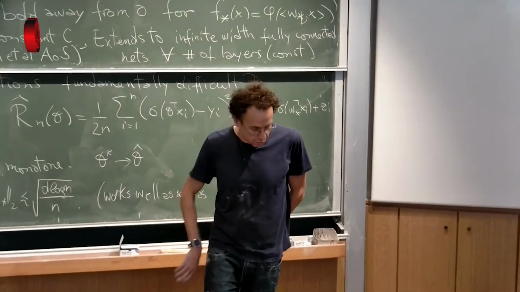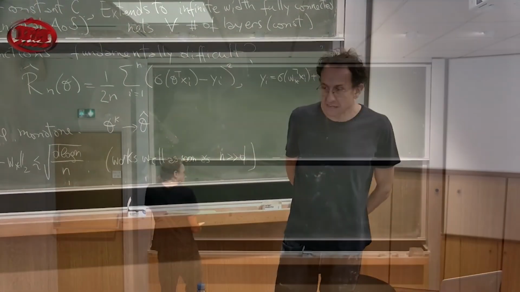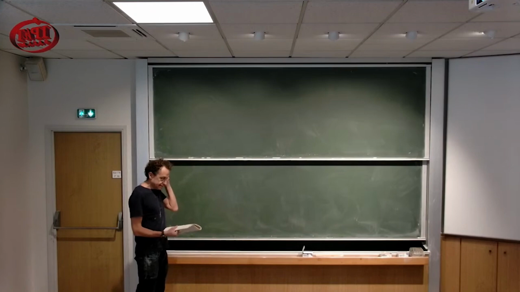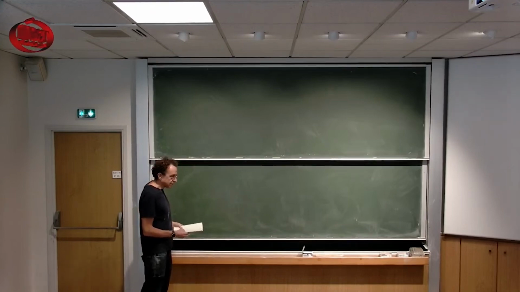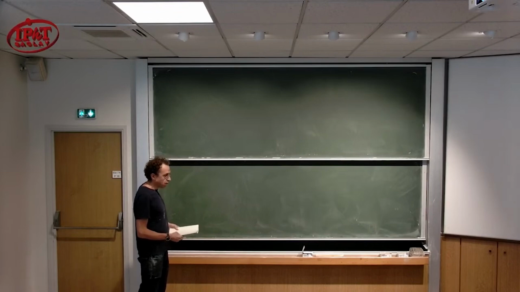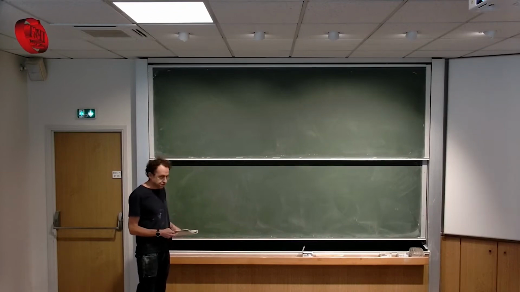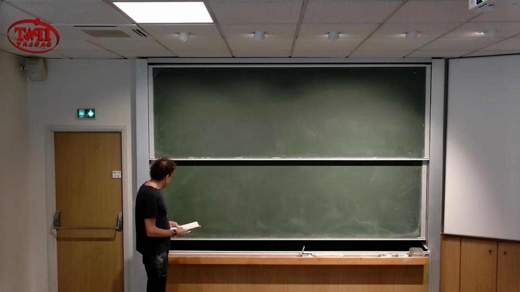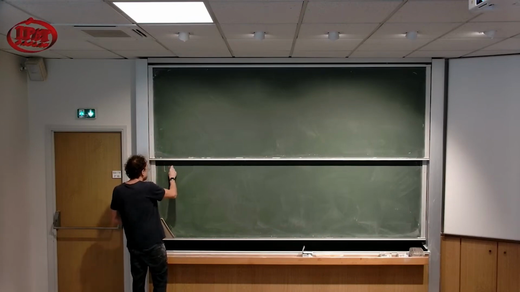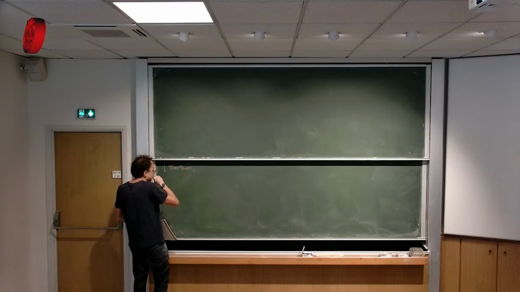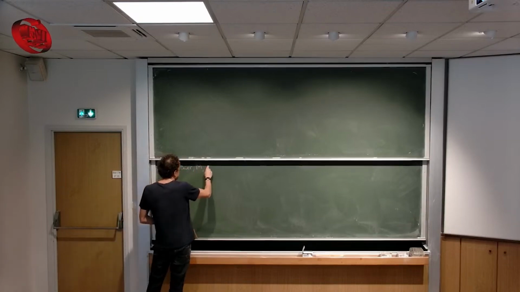Okay, so perhaps this is a good time to discuss what I want to cover in the rest of the lecture, which is basically how a large and wide neural network can manage to learn these functions. What I will present is based on a recent joint paper with Raphael Berthier and Angelo.